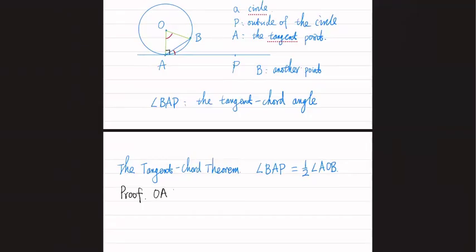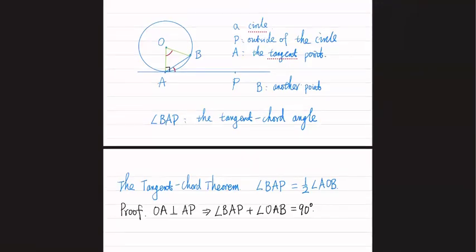OA is perpendicular to AP. It implies angle BAP plus angle OAB is 90 degrees. Okay. That's the first part. How is this connected to this?